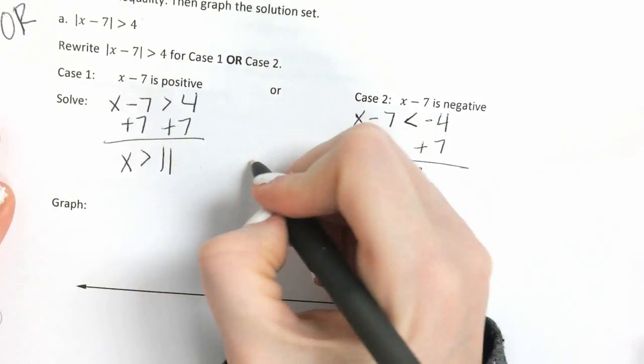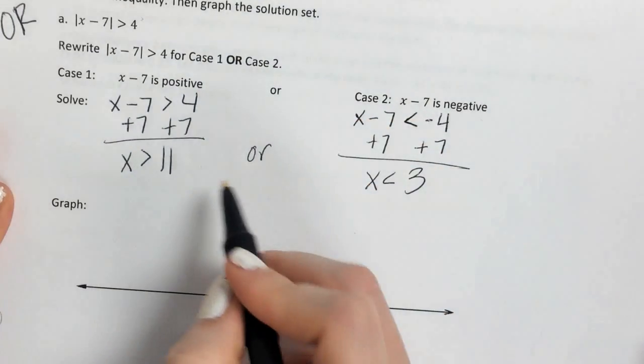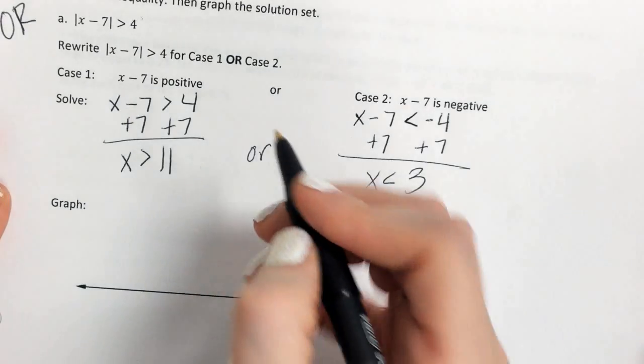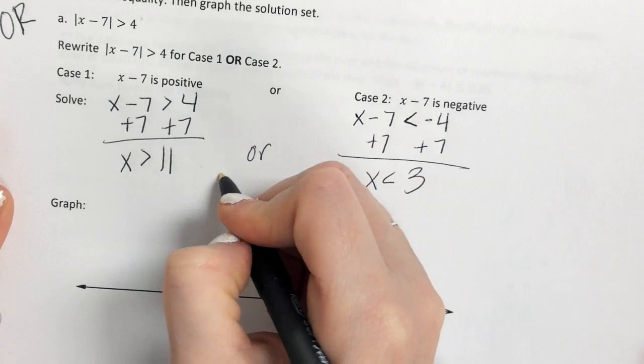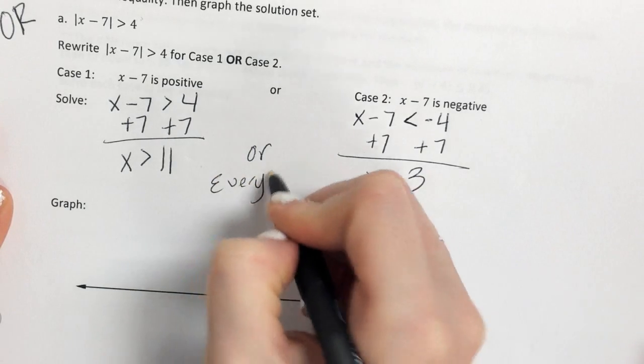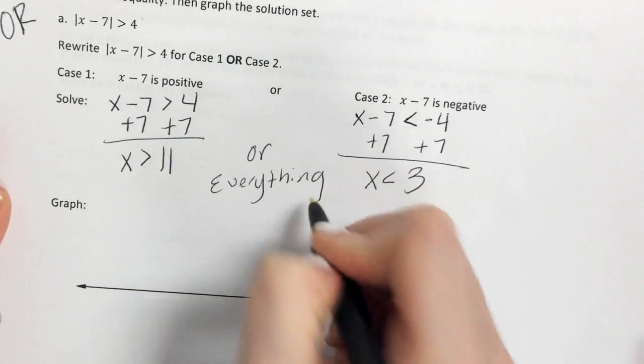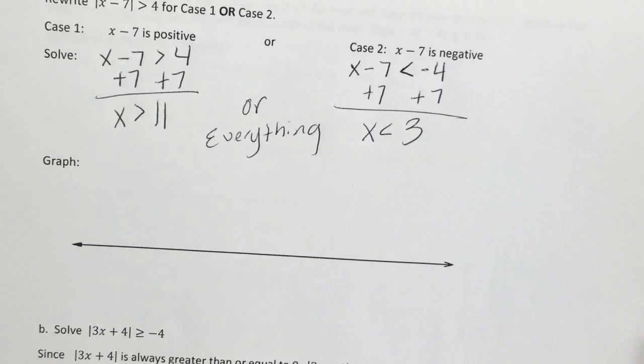So this is an or problem. So what is my graph? Is it the intersection? No. It's everything. Okay, so on these I normally don't sketch it first. They're always going to be going in opposite directions for the or.